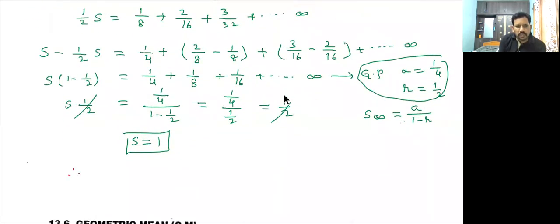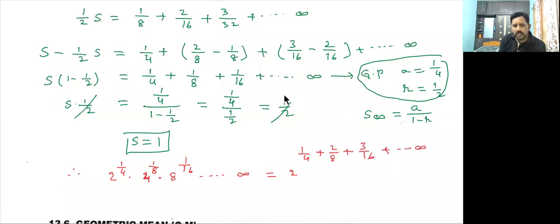Therefore, the question 2 power 1/4 into 4 power 2/8, 8 power 3/16 and so on infinite, that value we wrote as 1/4 plus 2/8 plus 3/16 and so on infinite. That value we got is 1, so 2 power 1 is equal to 2.